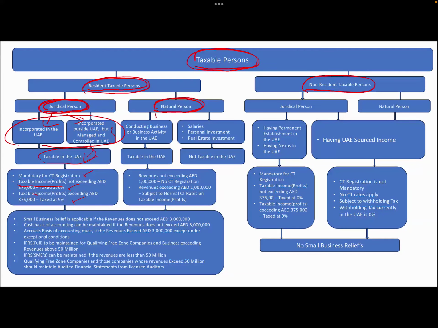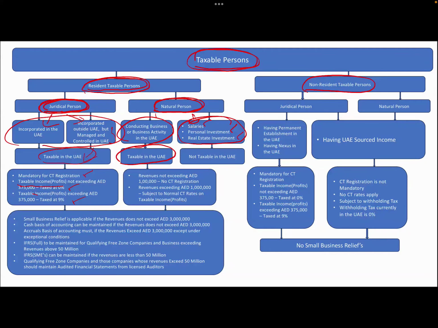Right? Now, let's go to the natural person. Now natural persons, if they earn money out of their salaries or personal investments or real estate investments, none of these incomes are taxed. But if that natural person is conducting a business or business activity in the UAE, they will be taxed in the UAE.